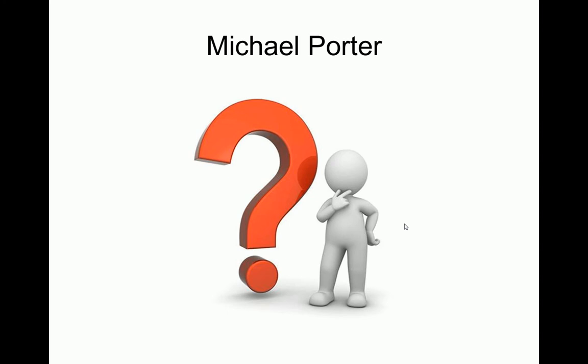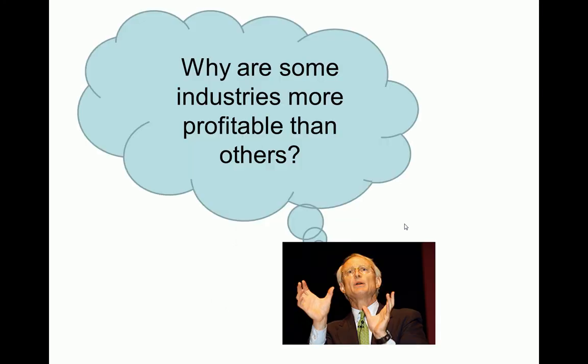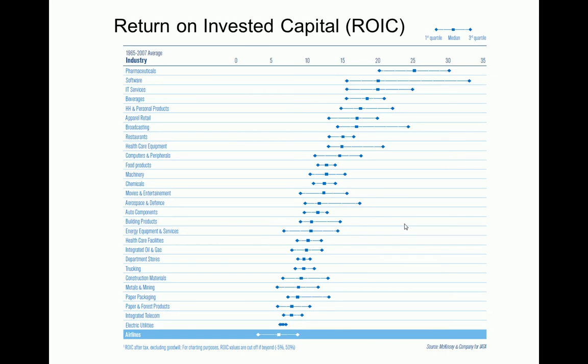Michael Porter was interested in trying to understand why some industries are more profitable than others. If we look at this data here, which shows return on invested capital over a long period of time, the average for a number of different industries, we can see that there is a consistent pattern of different industries achieving different levels of profitability.